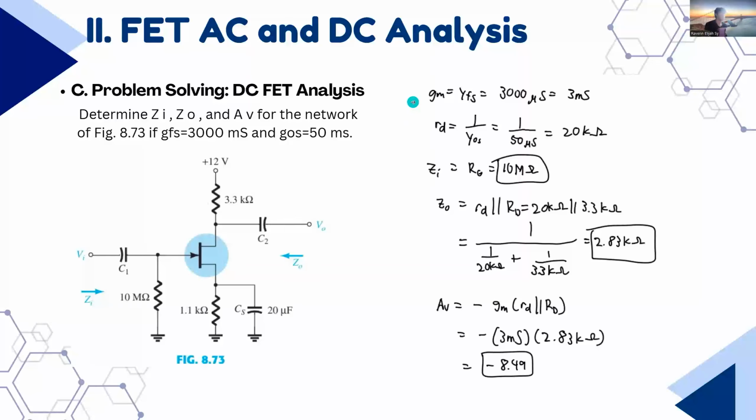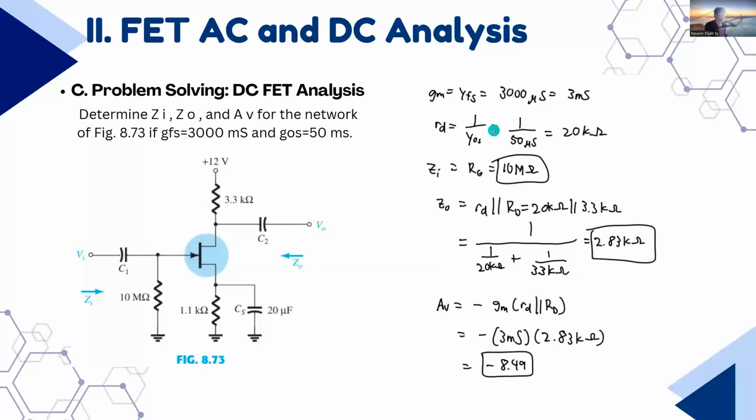And for gm, you simply use gm is equal to yfs, 3 millisiemens. And then rd is 1 over yos.